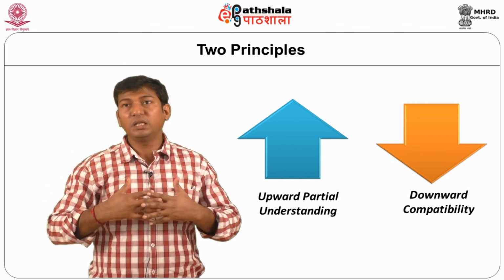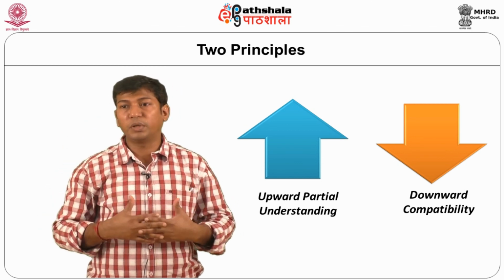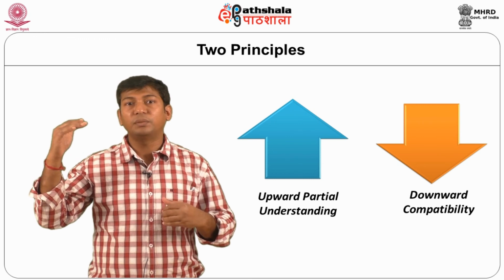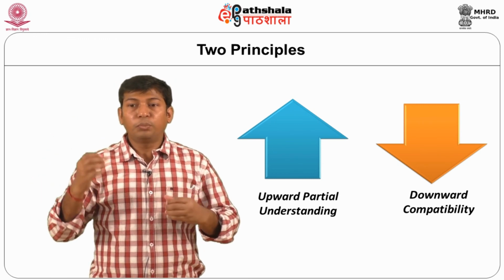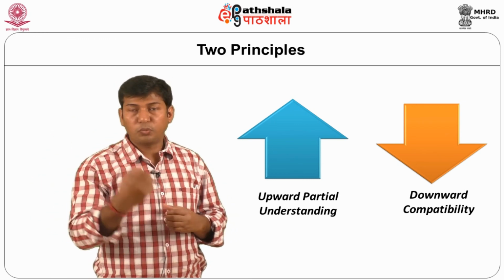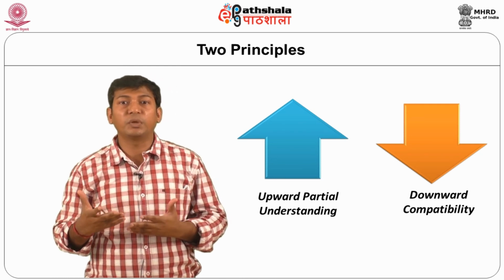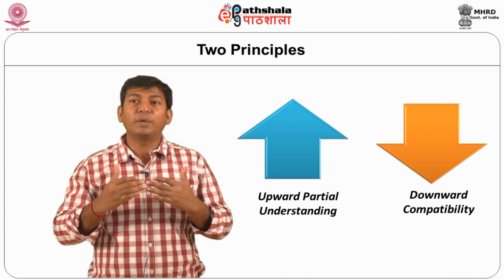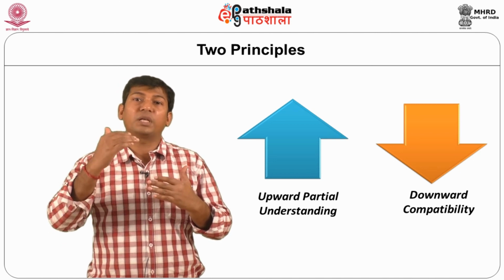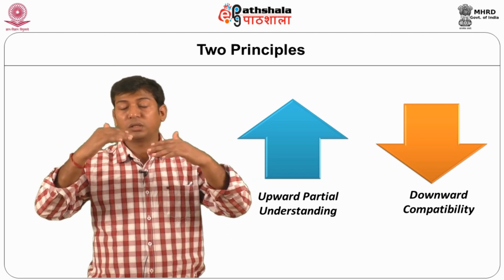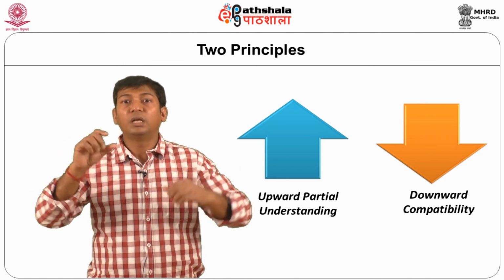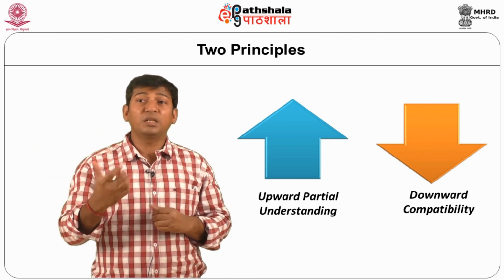For example, take the RDF and RDFS layer. If the agent or software program is based on RDF and RDFS, it should be able to process to some extent even the layer above, say OWL.